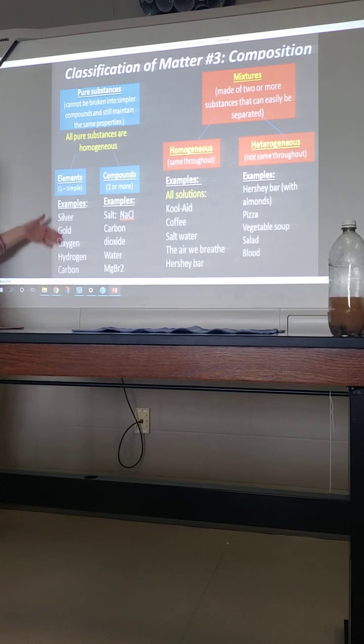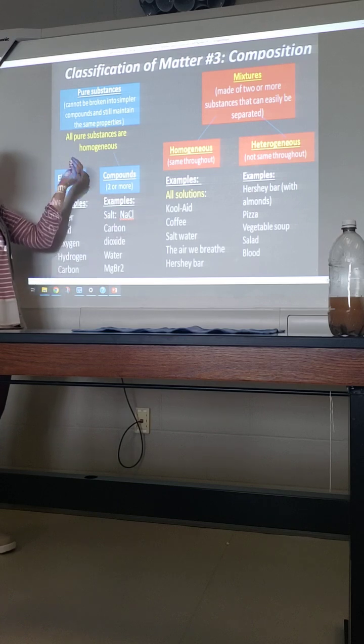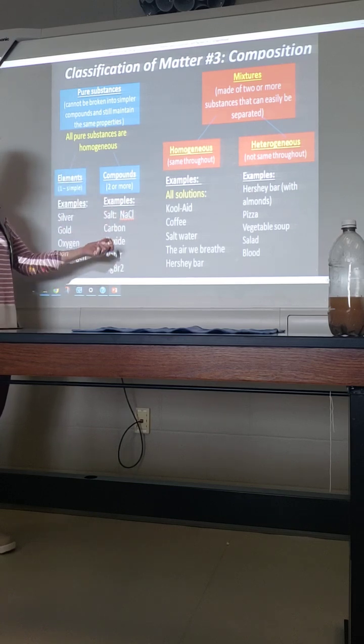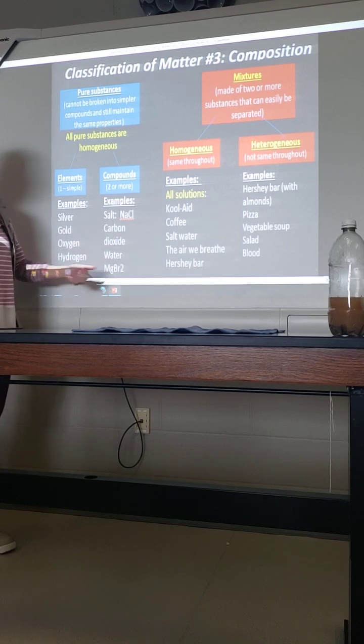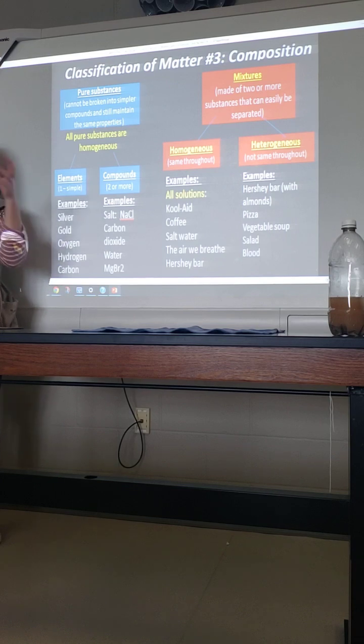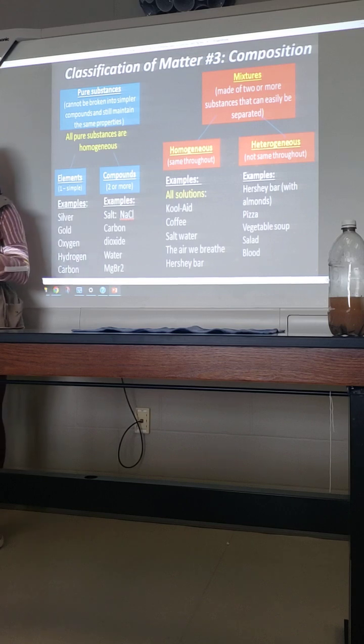So all of one thing, which we call elements: silver, gold, oxygen, hydrogen, carbon. Or compounds, which are chemically bonded, chemically united to make a brand new substance: carbon dioxide, water, magnesium bromide. Those are not easily separated. They would have to go through a chemical change to separate out.